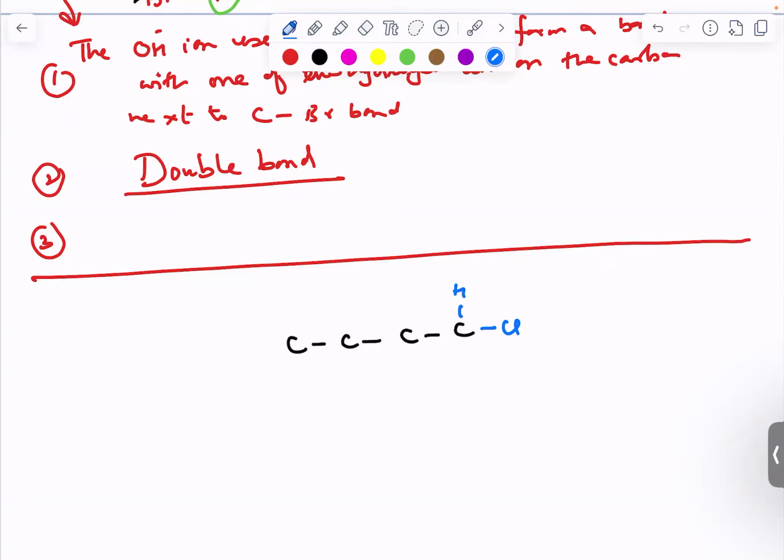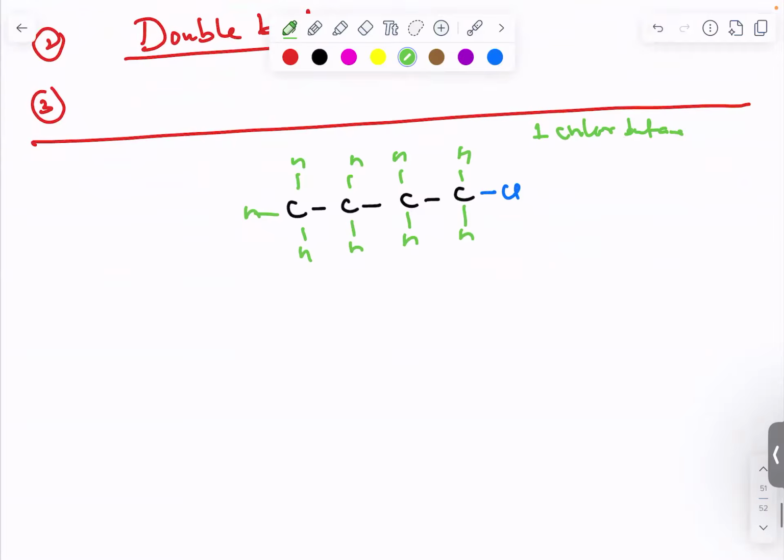So I'll use a different color. H. And as I told you, this is 1-chlorobutane. Now I'm trying to show you the influence of the solvent. So this is 1-chlorobutane.